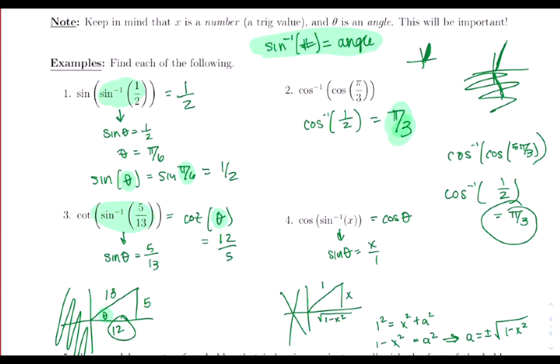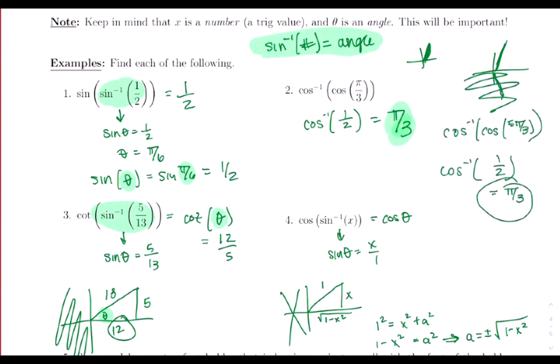That is in the right direction, so it would be positive. All right, so then, let me move this out of the way. So cosine of theta, now we're looking at cosine of that angle, which would be adjacent over hypotenuse. So the square root of 1 minus x squared over 1.